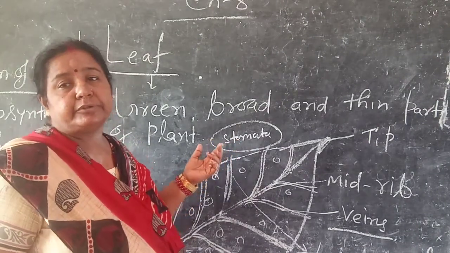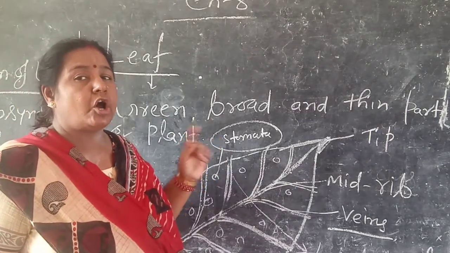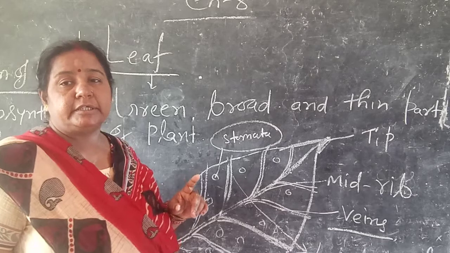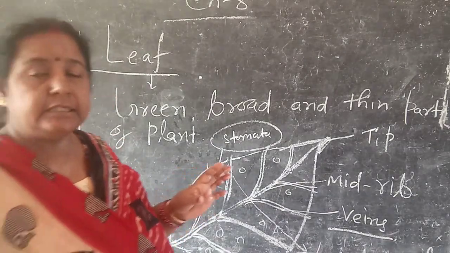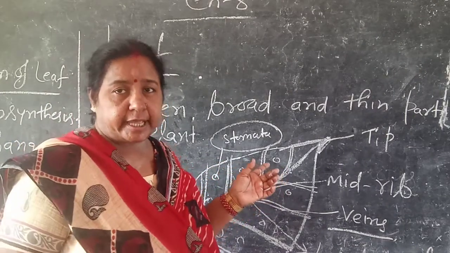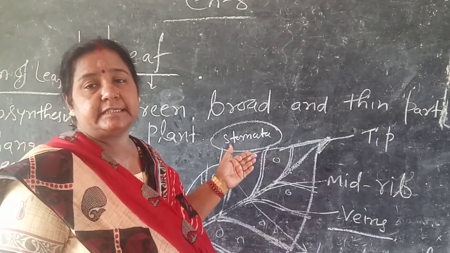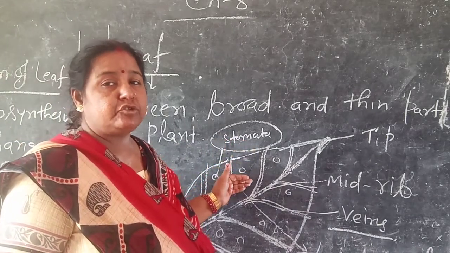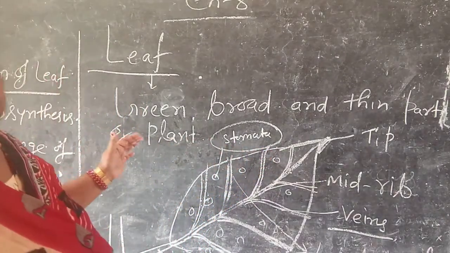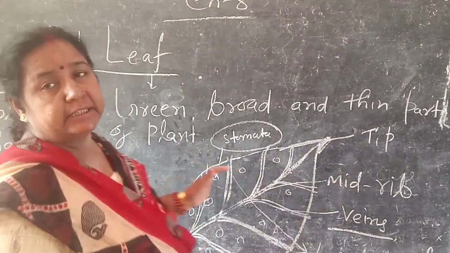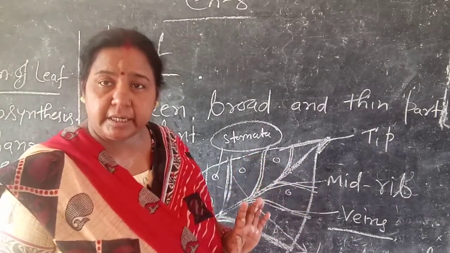During photosynthesis, it takes carbon dioxide and gives oxygen gas, and during respiration, it takes oxygen gas and gives carbon dioxide gas. Now, the exchange of gases is done by the stomata of leaves. Understand?